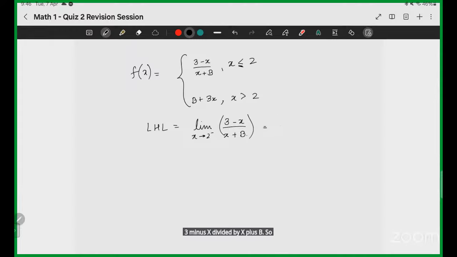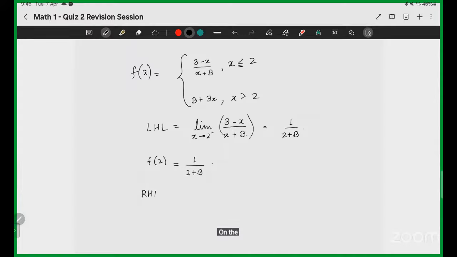So here, if I directly substitute the value, assuming that b is not equal to 2, I will get minus 1 divided by 2 plus b. The function value, because here it is written less than or equal to, is 3 minus 2 plus 1. This is also equal to this.